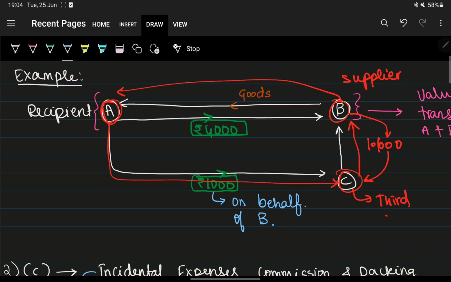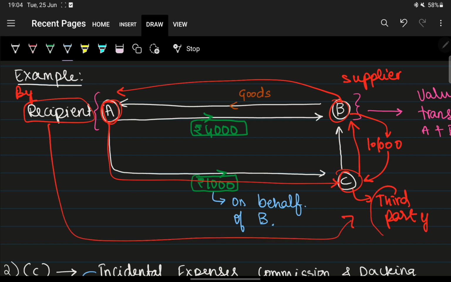So when any amount is paid or payable by the recipient of supply to a third party, and to that third party the supplier was liable to pay.